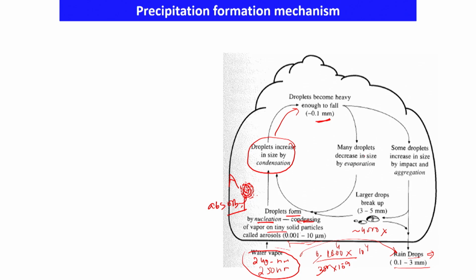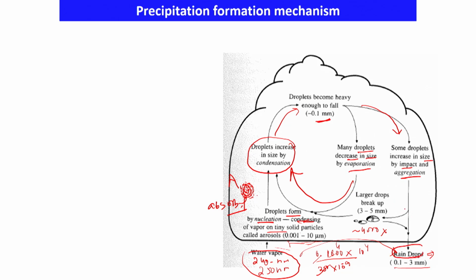So because of this evaporation, many droplets decrease in size, and depending on the size, whether they are in this range, they will go through this process again, or if they are sufficient, some of the droplets increase in size by impact and aggregation. So together they can aggregate and fall as a raindrop.